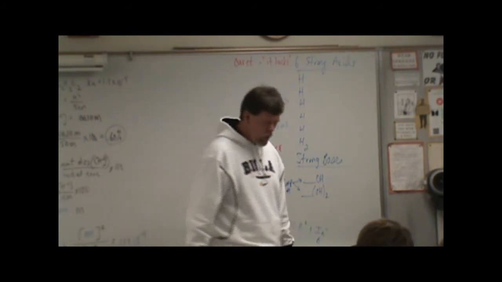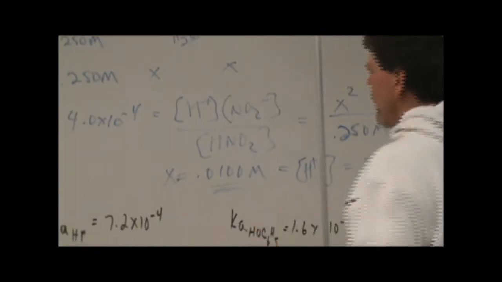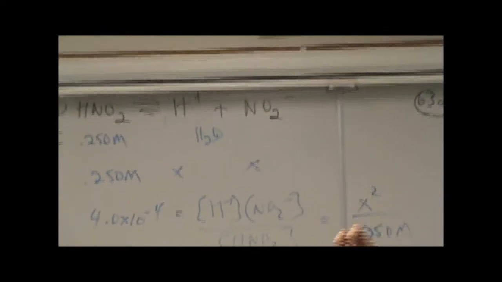HNO2 and H2O. Yeah, we know there's H2O in there, we just don't include it. They're being real picky. Notice how small this value is. That means there's very little of this and very little of that, so that would make them minor species.